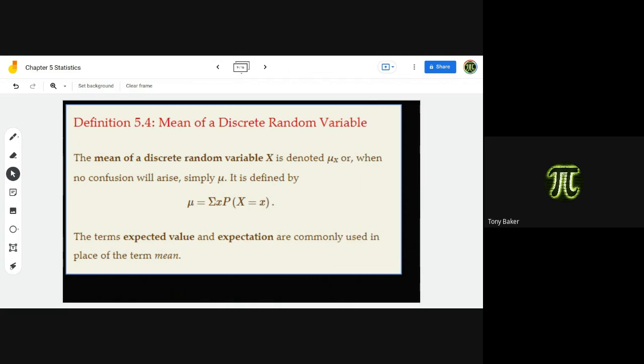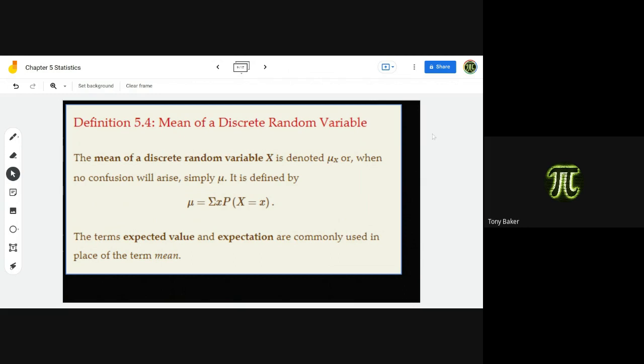The key thing is the formula in the middle, which I will explain how that works in a second. All right.